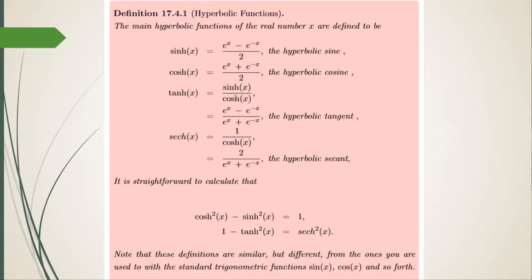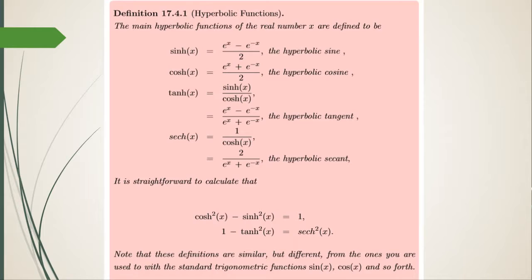It is straightforward to calculate that the hyperbolic cosine squared of x minus the hyperbolic sine squared of x is equal to 1. The same thing we can do with the hyperbolic tangent and the hyperbolic secant.